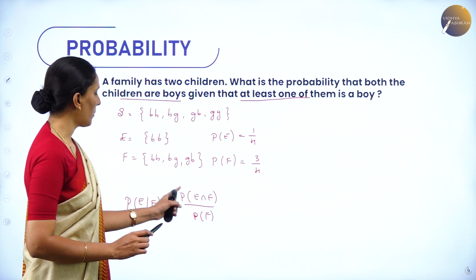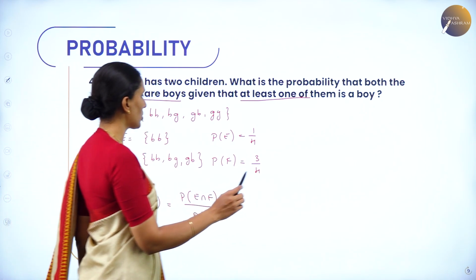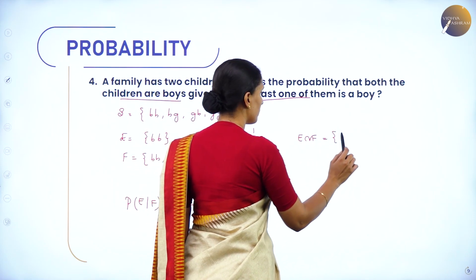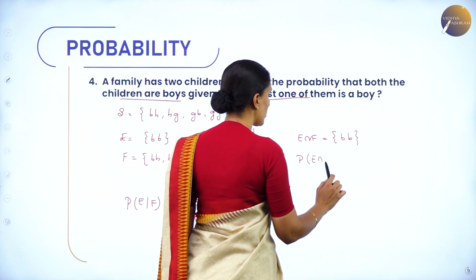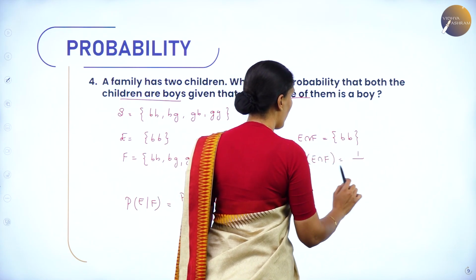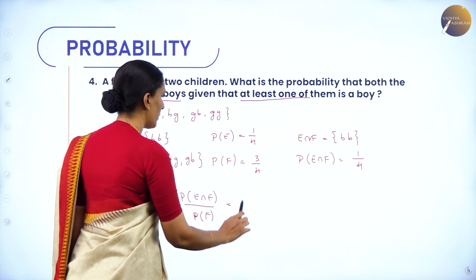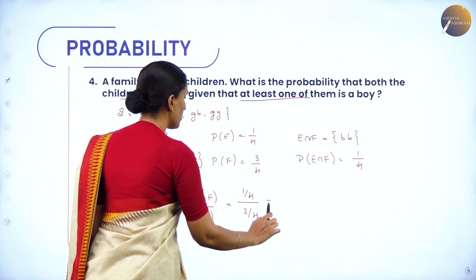Let's calculate probability of E intersection F. So the common element in both the sets is BB. So therefore probability of E intersection F will be equal to 1 divided by 4.